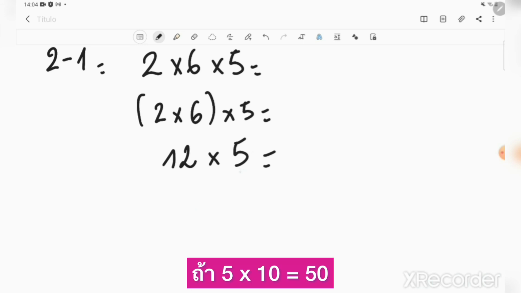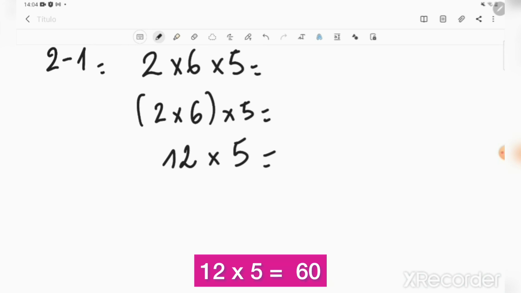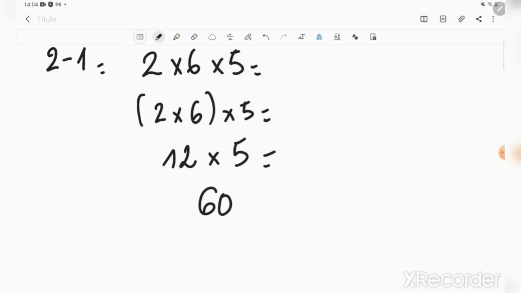If 5 multiplied by 10 equals 50, 5 multiplied by 11 equals 55, and 5 multiplied by 12 equals 60. This is the final answer.